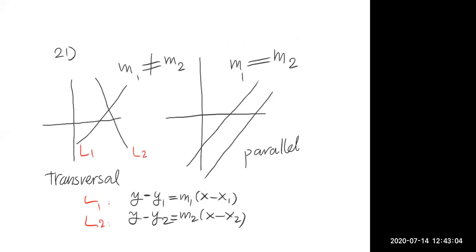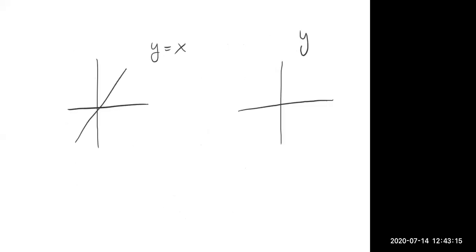So for example, if a line is y equals x, it's like this. If a line is y equals minus x, so rather than 1, it has minus 1, the line would be like that. Well, these two lines are not parallel, right? The slope of one of them is 1, the slope of the other one is minus 1. So they have to be equal. If they are not equal, they're not parallel.